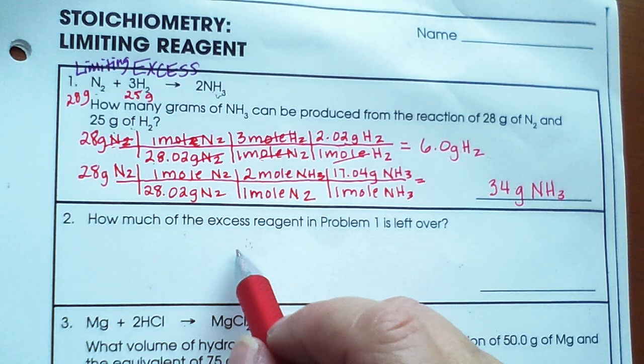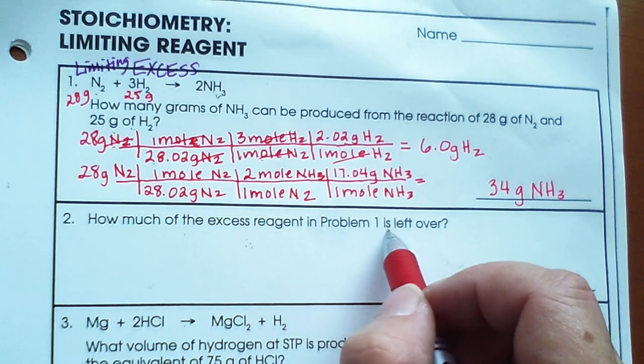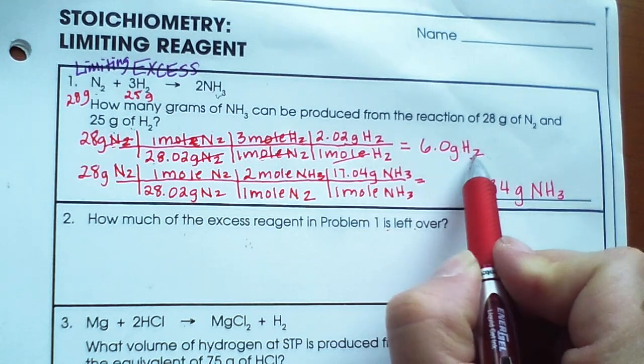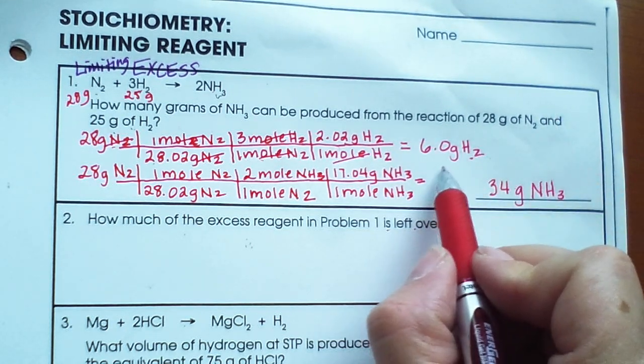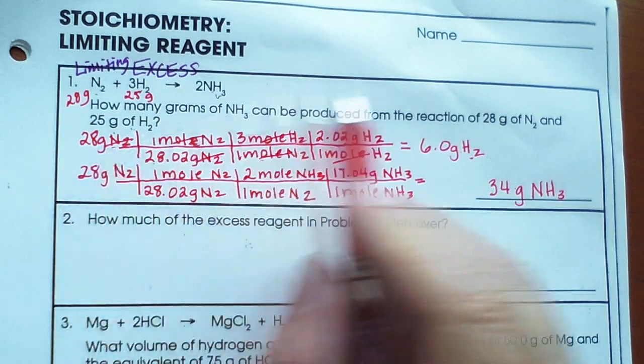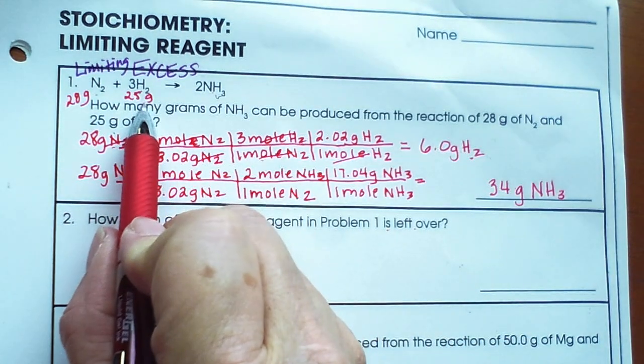So number 2 says how much of the excess in problem 1 is left over. Well, my excess reagent is hydrogen. I used 6 grams to match with my 28 grams of nitrogen, but I started with 25 grams.